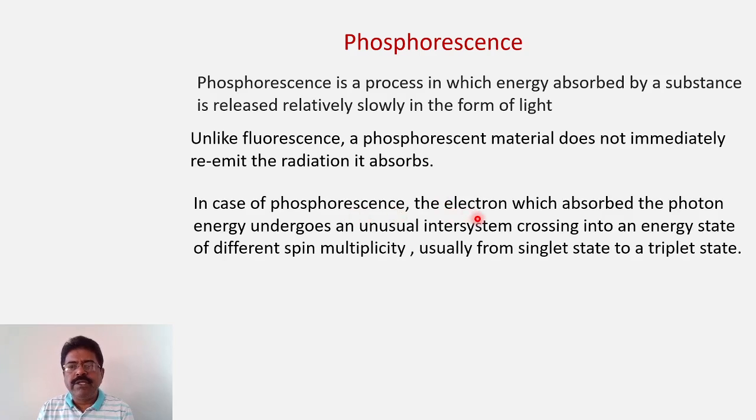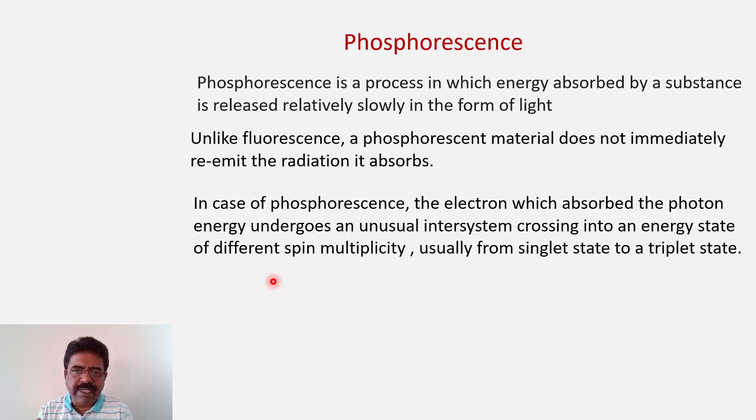So, in case of phosphorescence, the electron which absorbs the photon energy undergoes an unusual intersystem crossing into an energy state of different spin multiplicity. What does it mean? Once the electron from the molecule is excited from the ground state to the excited state, you know that the molecule has a certain spin multiplicity.